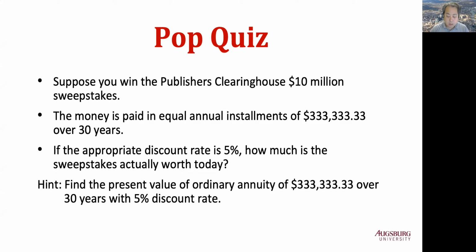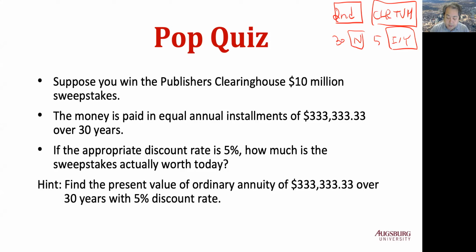Right. So find the present value of this. Again, second, clear TVM. And N equals 30. And interest rate is 5%, so 5 interest rate. And the payment is $333,333.33, PMT.